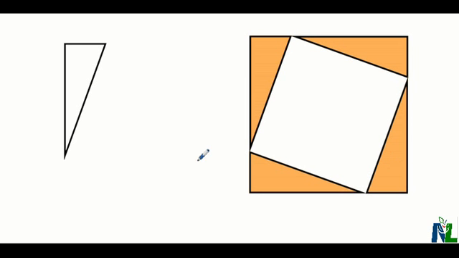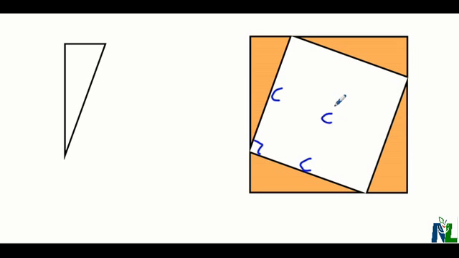In this shape, I have a large square, but inside I also have a square, and you can see that this side here is C, that side here is C, and all these angles are also right angles. You could show that pretty easily.